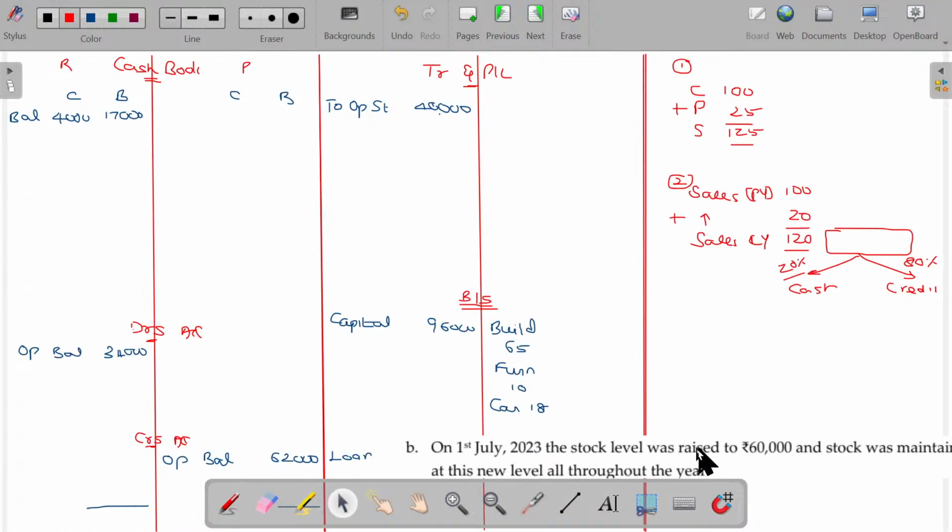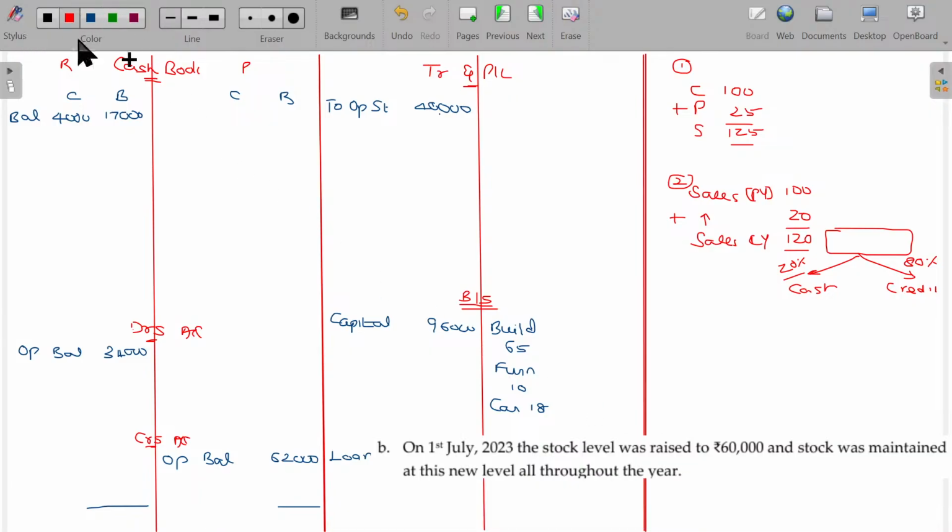On 1st July, the stock level was raised to 60 and stock was maintained at this new level throughout the year. What does it mean? Closing stock being 60,000. They raised the closing stock from 40 to 60 on 1st July 2023.